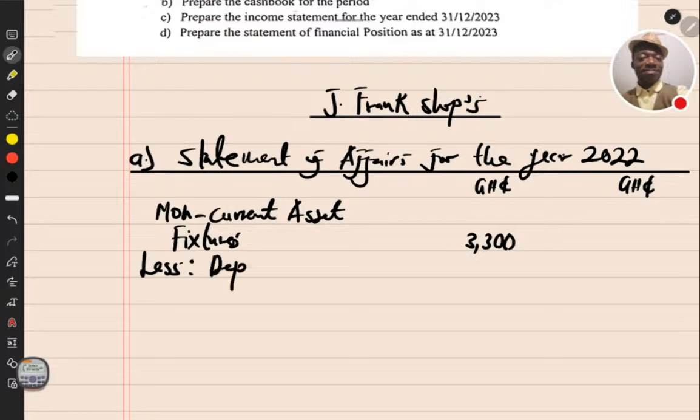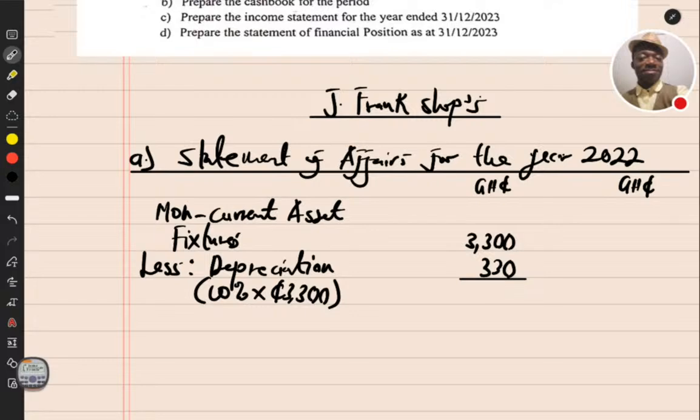We are told that depreciation is 10% on the cost. So we have 10% multiplying 3,300, and we're supposed to get a depreciation figure of 330. Once we do that, we just subtract, and whatever we get becomes the net book value of the fixtures.